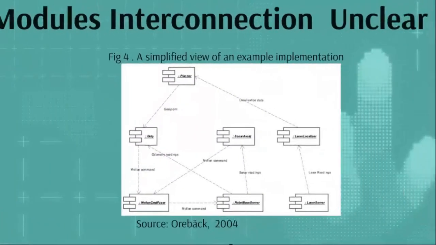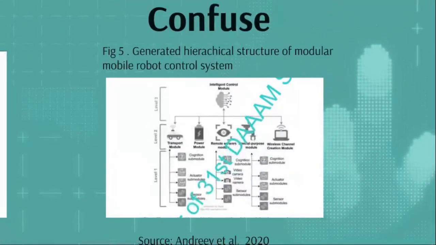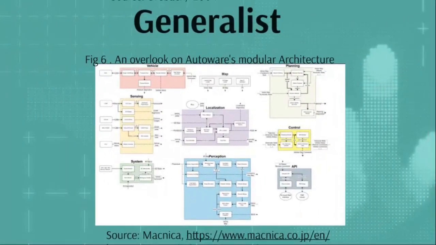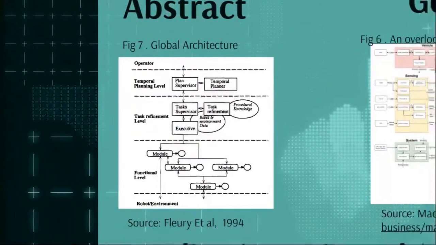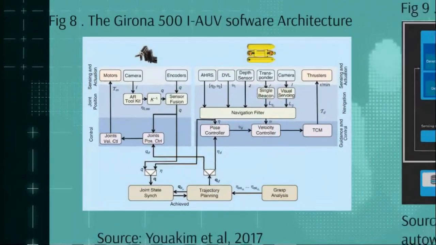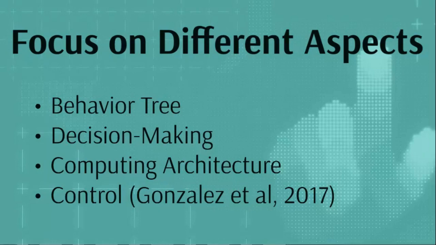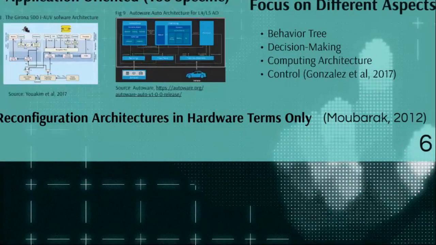Many architectures had very unclear modules interconnection, as you can see here, or were too specific for certain applications, or confused, generalist, where you don't see the inputs and outputs from a module or how they connect with each other, or too abstract, self-oriented, focusing on different aspects such as decision making or computing architecture, or just focusing on how the architectures can be reconfigured in hardware terms only.